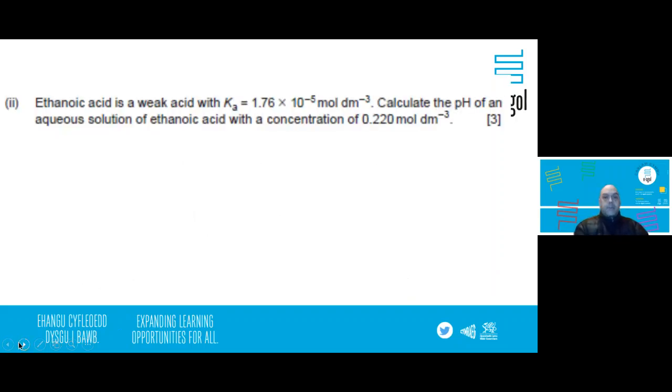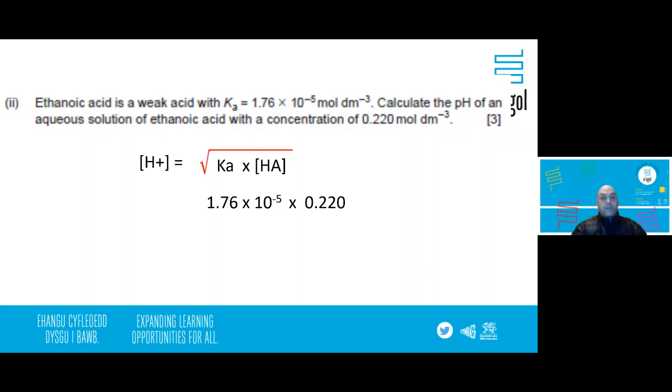We'll go back to there, and we're trying to calculate the pH of the solution, and we can see here that it's got a concentration of 0.220 moles per decimeter cubed. Okay, so we're going to work out H plus because that's how we work out pH, and that's the expression we've rearranged earlier. So there's my Ka, 1.76 times 10 to the minus 5, multiplied by the concentration of our weak acid.